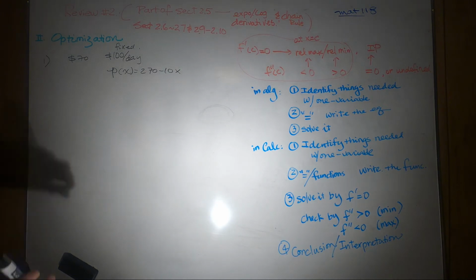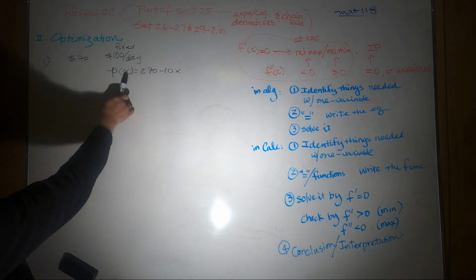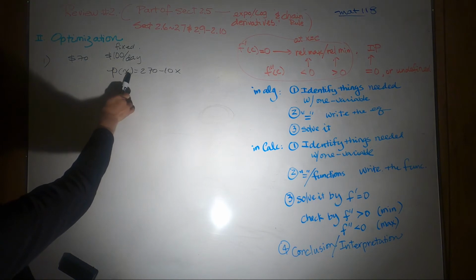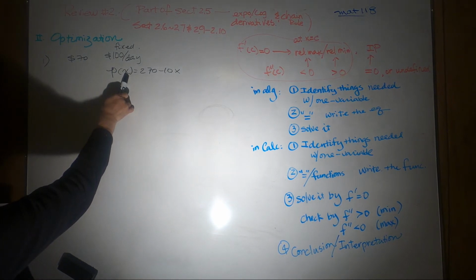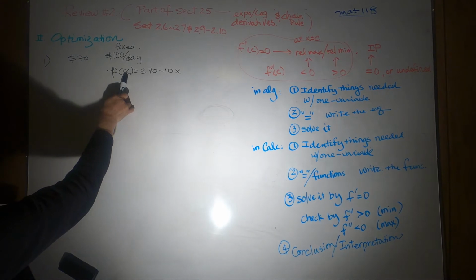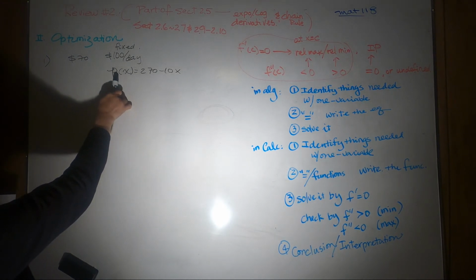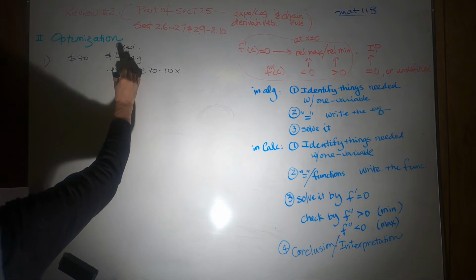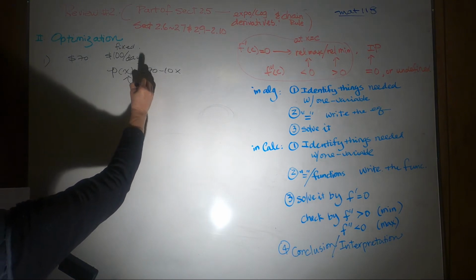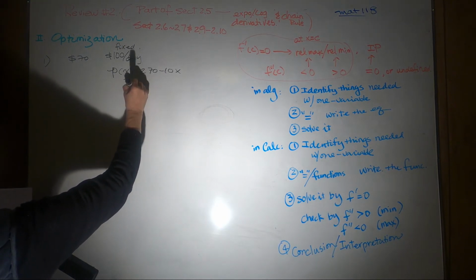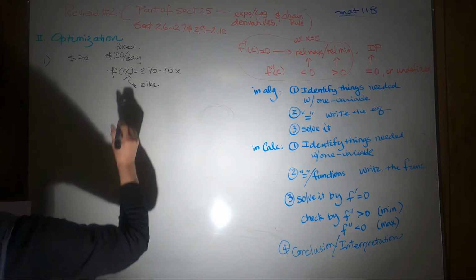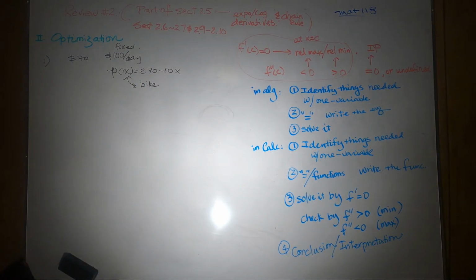Look at this function, price is a function of x. What is your x? Did they say? Yes, it says P is the price, x is how many bicycles will be sold, right?